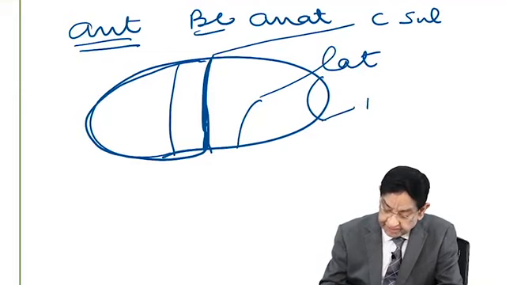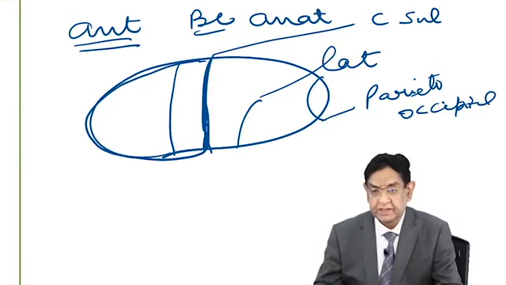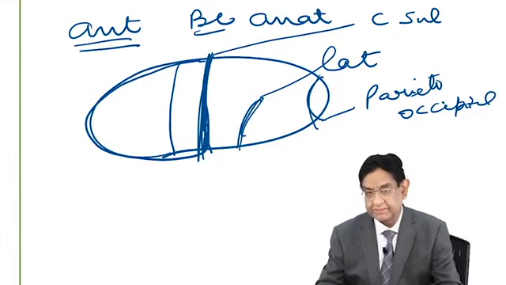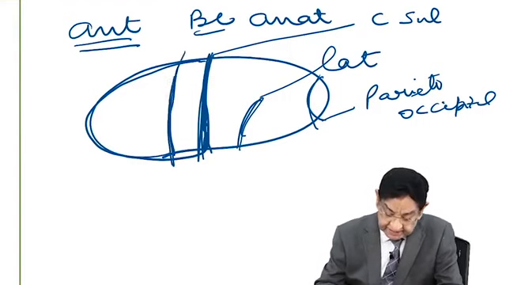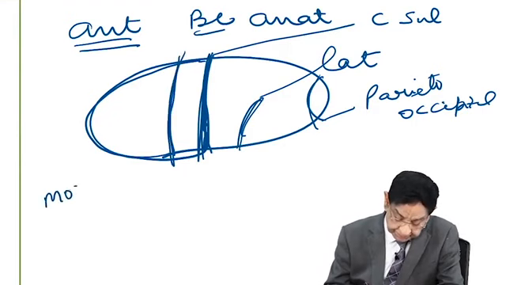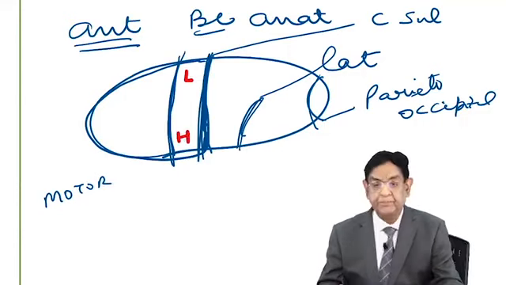This is the parieto-occipital sulcus. The part which lies in front of the central sulcus is the motor cortex. In the motor cortex, the leg area lies at the top and the head area lies at the bottom.